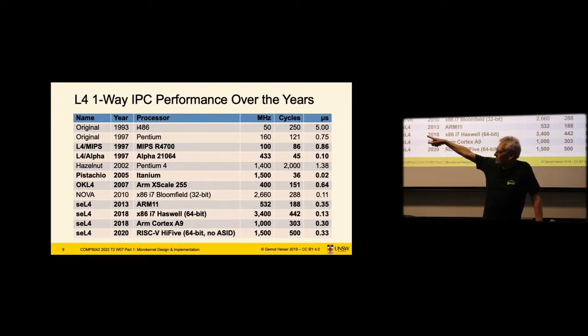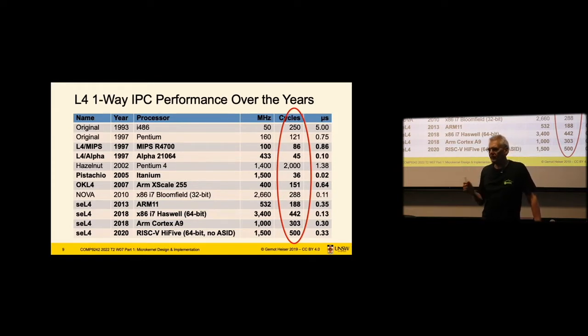Then the same on the Pentium, then the kernels we built on MIPS and Alpha, which was originally started in place, and then we continued it, Pentium 4, Itanium, etc. And what you can say, the IPC costs in terms of cycles, they go up and down. And that's not really a reflection of implementation quality, it's more a reflection of hardware.